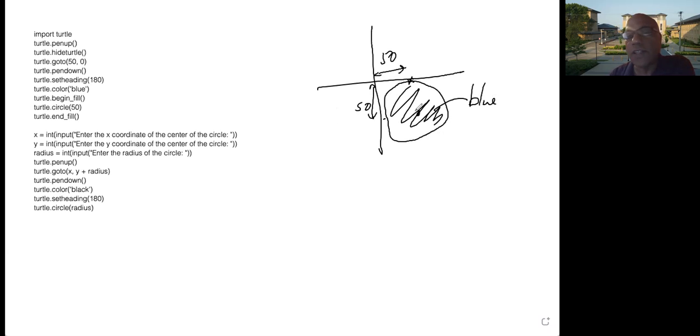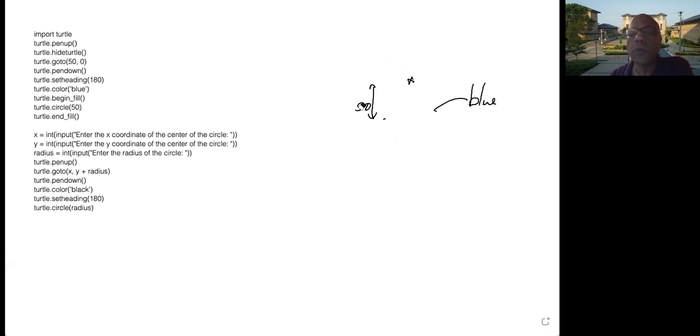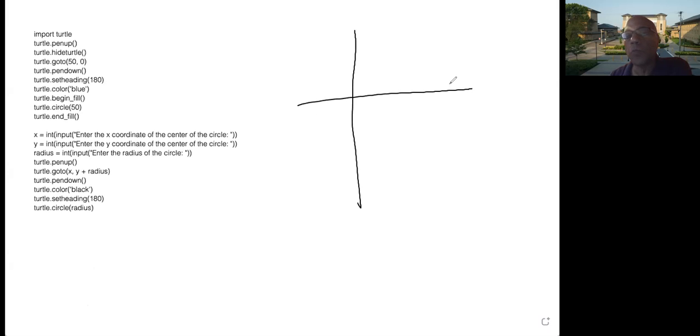So you want the center to be at 50 minus 50. So let's see how to do that. So we want a circle centered at this point.